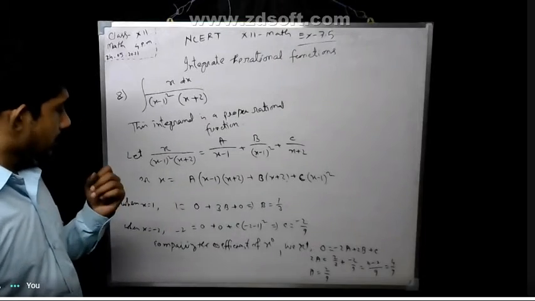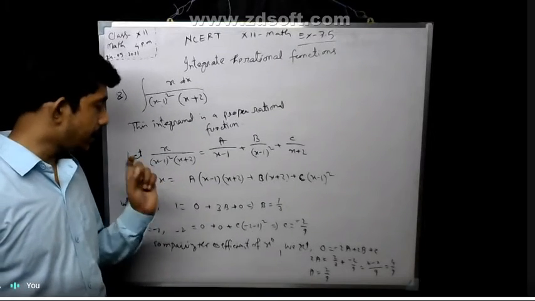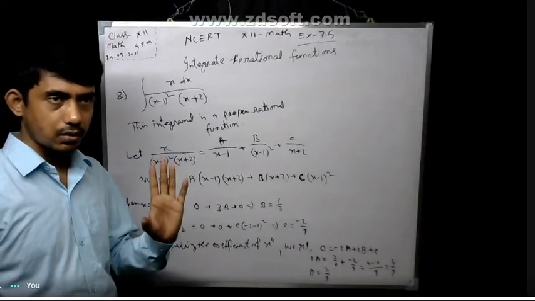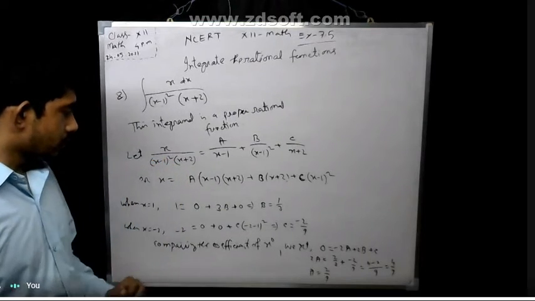So now we have to compare the coefficient of x or x square or x to the power 0, a constant term. x to the power 0 means constant term.